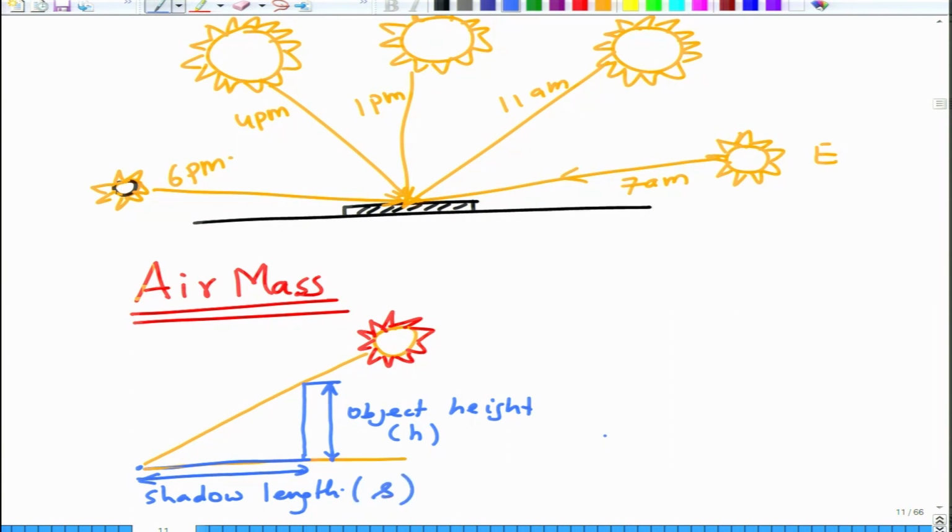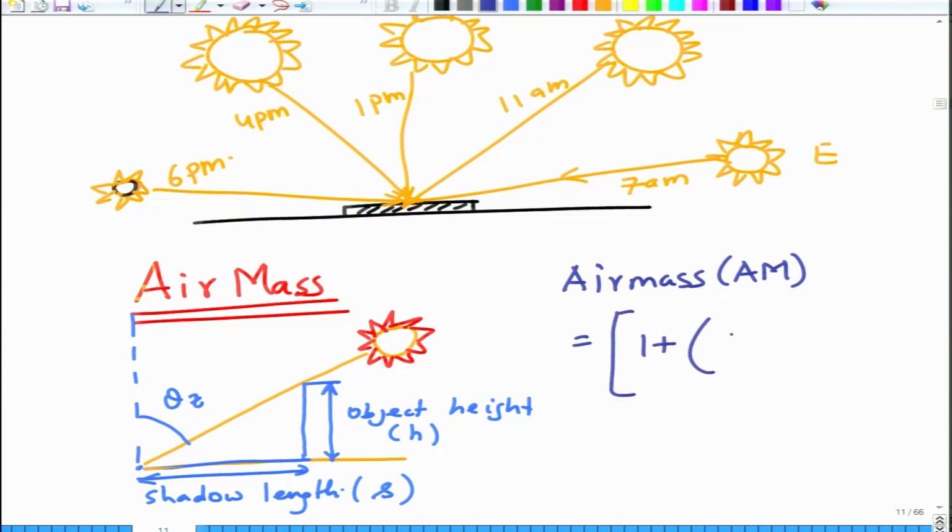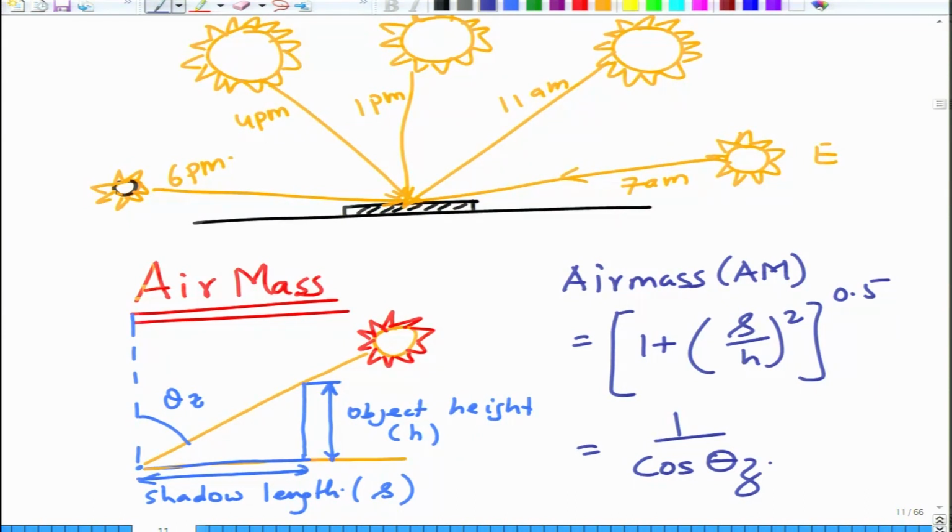So the air mass index, and this is the angle. If it was at zenith, this would be theta z, right? And so air mass index AM is defined as (1 plus (S divided by H) squared) to the power 0.5, and this is equal to 1 over cos theta z.